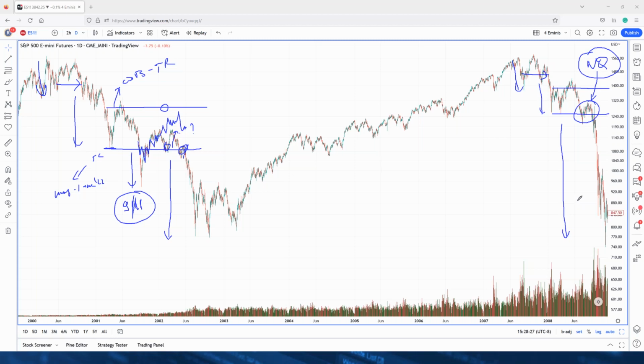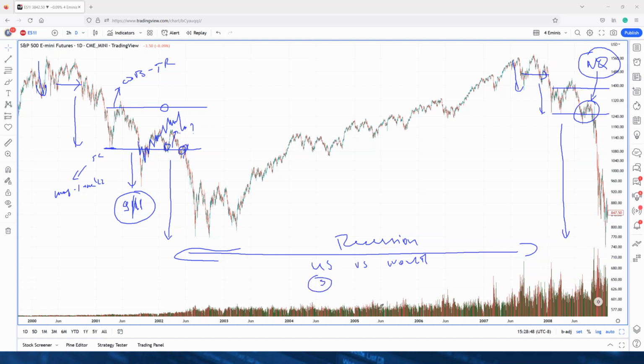By the way, this type of capitulation, both of those, would mean that we're going to go into most definitely some kind of recession. Now, if we would talk about the comparisons of, let's say, the US recession versus anything else in the world, I would say that the US will outperform and will be stronger.